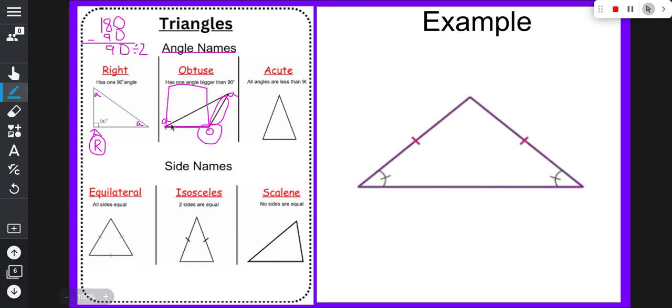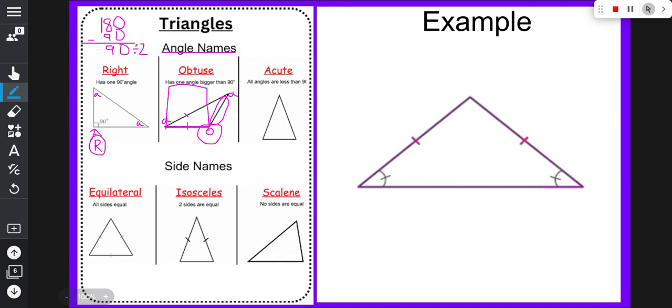If both of the lines are inside the paper or on the edge of the paper, like right here and right here, then we know it's acute. So you can use the edge of a piece of paper to measure your angles if you do not have any other device.